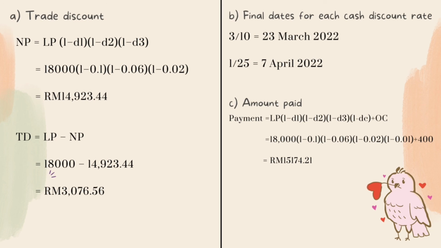So we need to refer from question B, which is the 3/10 will until 23 March only, and so we need to use the 1/25 because it is until 7 April, so we need to use the 1/25 for D4 plus OC, and the OC is 400. The answer that we will get is RM15,174.21.